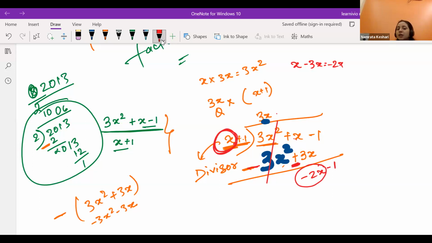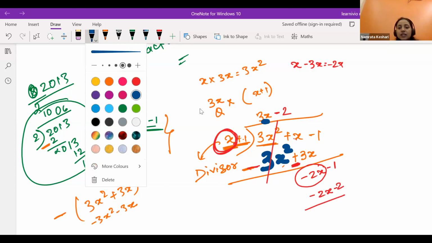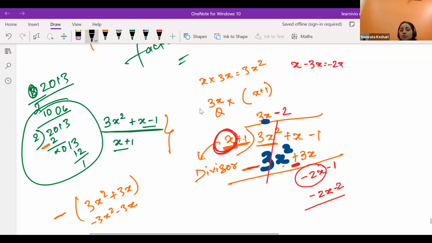The answer is, if we multiply minus 2, the result will be minus 2x. We will be getting minus 2x minus 2. And this again we will do the subtraction, and due to the subtraction sign, each and every sign will get reversed. I'm just trying to show you the final result, the remainder.